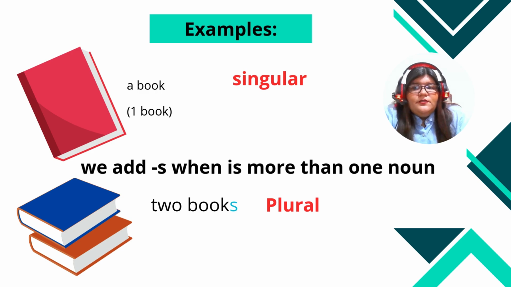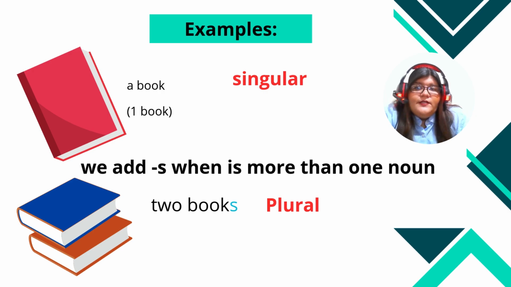For example, two books. If you see, we add the s at the end because this is a plural noun and we are talking about two things, and you will add s if it's two, four, five, and so on. And that is a plural noun.